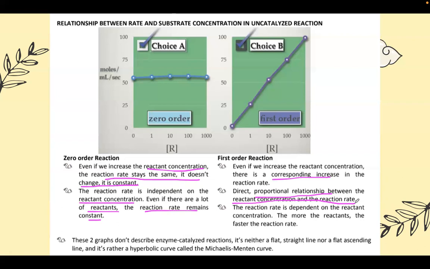The reaction rate is dependent on the reactant concentration. The more the reactants, the faster the reaction rate. So ang sabi naman sa first order reaction, parang directly proportional yung reaction rate doon sa substrate concentration. Yun po yung pinagkaiba ni first order reaction and the zero order reaction.